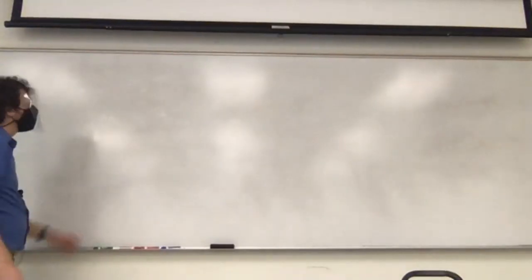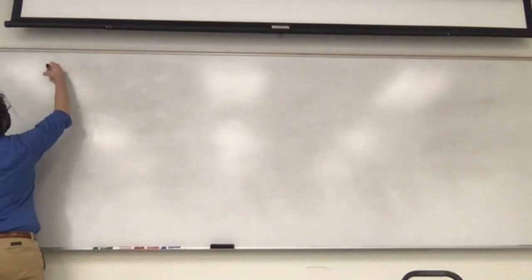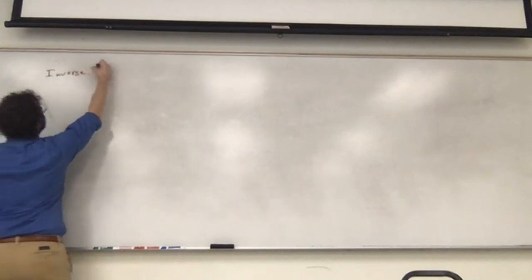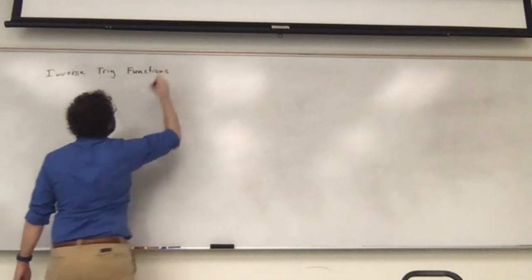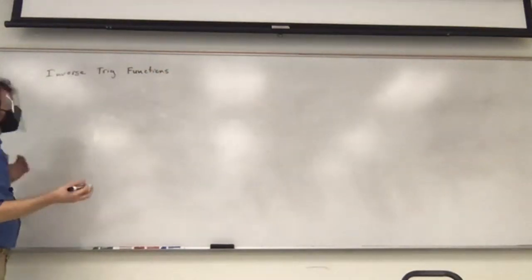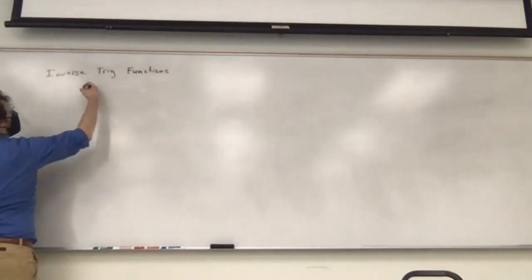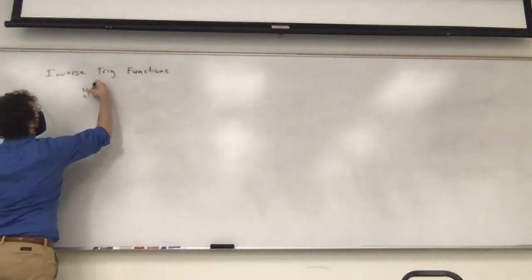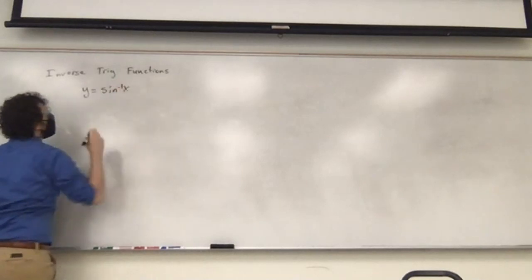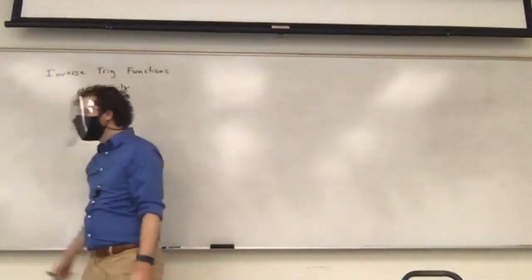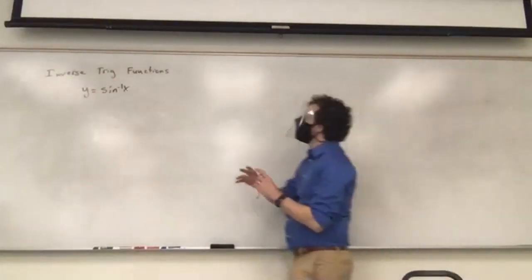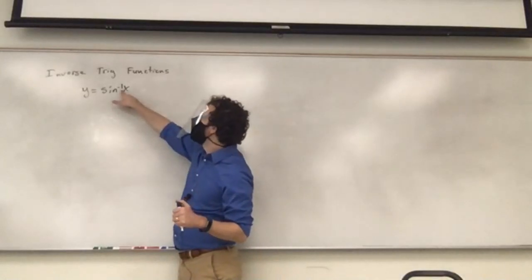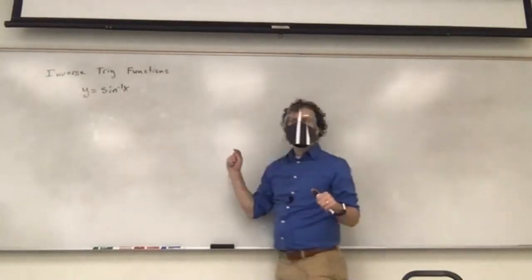So the first new kind of function that I want to talk about are inverse trig functions. We'll eventually see all of them, but for the development, we'll focus on y equals inverse sine of x. One thing to keep straight is that in this case, the -1 means inverse, it's not a power.